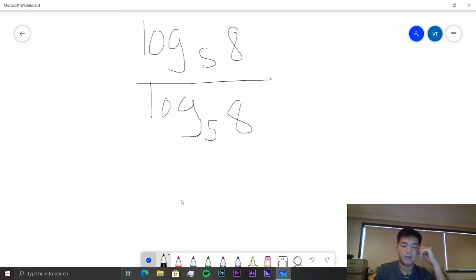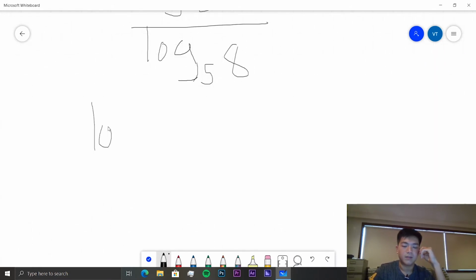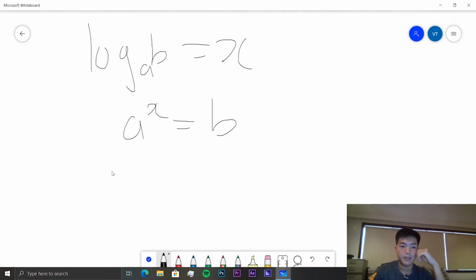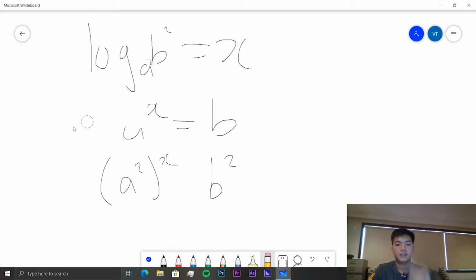Since if we think about the properties of logarithms, if we have log base a of b is equal to x, where a to the x is equal to b, then if we say a squared to the x, what is the value of a squared to the x? This will be equal to b squared. So we have log base a squared of b squared is equal to x.